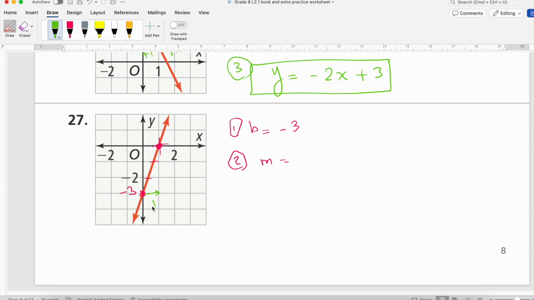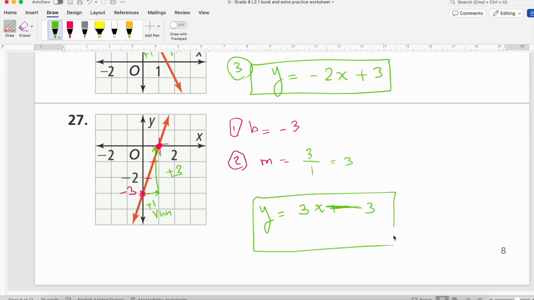Run 1 to the right, this is run, and rise 1, 2, 3 up, 3 positive. So it's going to be 3 over 1, which is 3. The equation is y equals mx plus b, plus negative 3, which is negative 3. That's it.